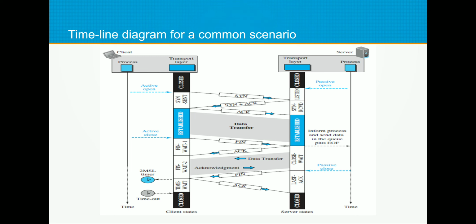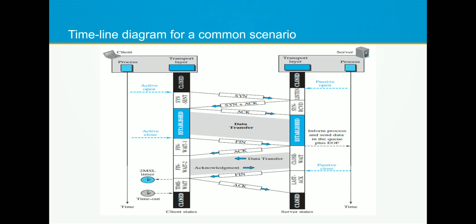When the server replies back with an acknowledgement and also a SYN in the opposite direction, the client gets into the established state. And the client also has received a SYN request from the server. So the client sends an acknowledgement saying that it is okay to start the connection. At this point, the data transfer can happen.